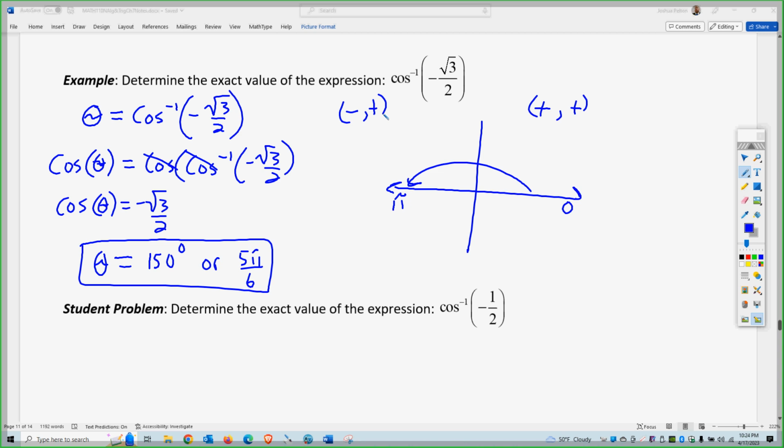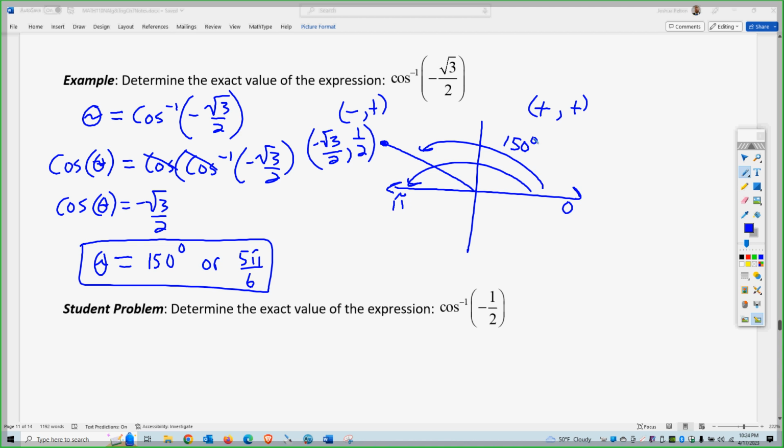So if I go all the way over to this angle right here, this coordinate is root 3 over 2, comma 1/2, but this is a negative because it's in the second quadrant. So negative root 3 over 2, and that, in fact, right there, that angle there is 150 degrees.